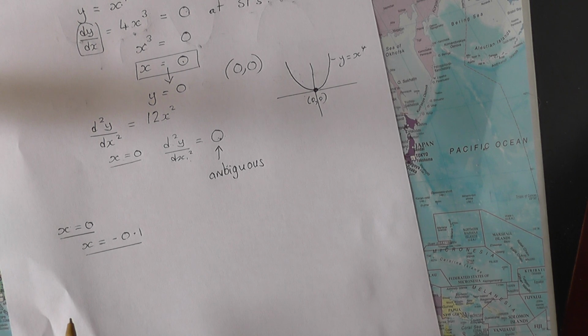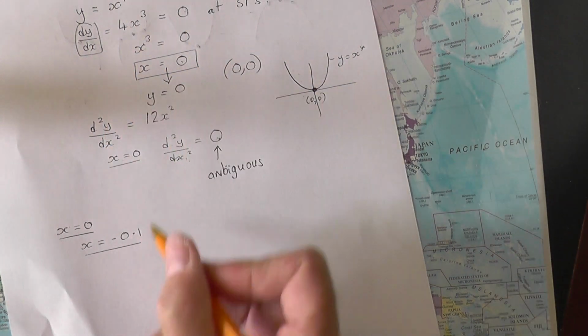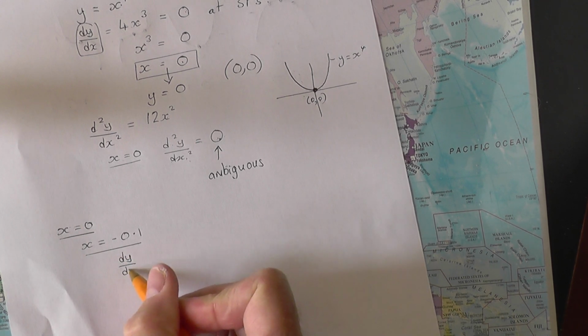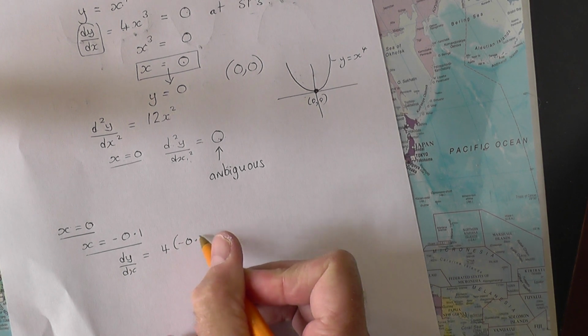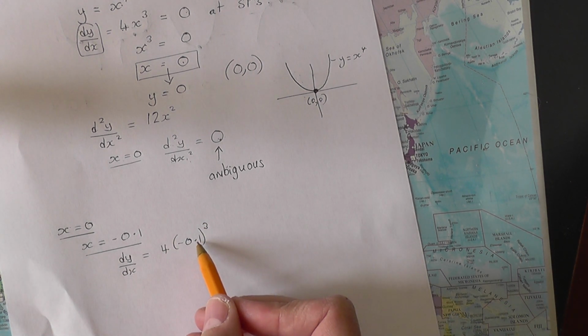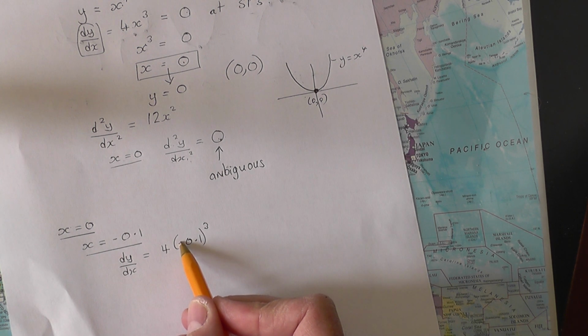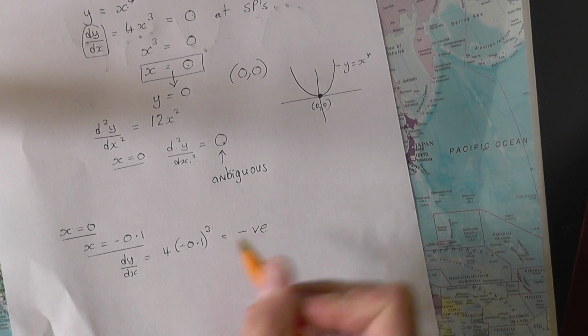At x equals minus 0.1, let's go back to dy by dx. dy by dx will work out to be 4 lots of minus 0.1 cubed. Well, you don't have to work this out because it's obvious. If you cube a minus, you get a minus, and then times it by 4, you get a negative.